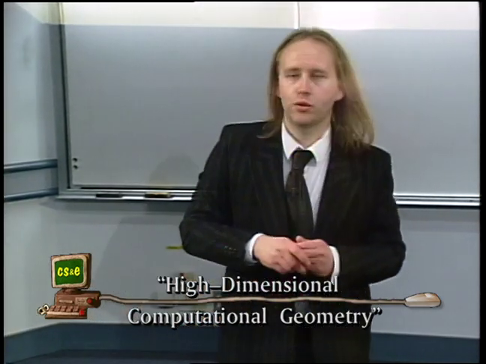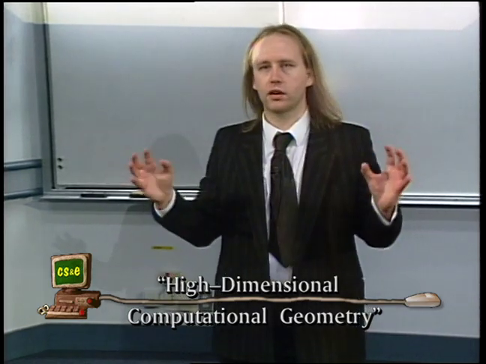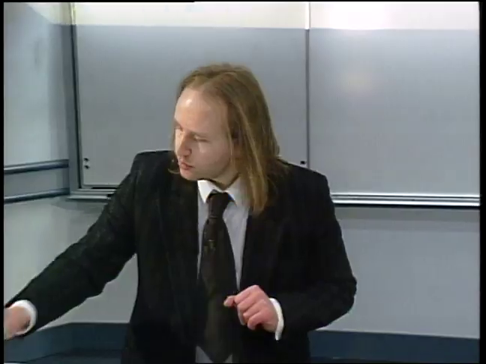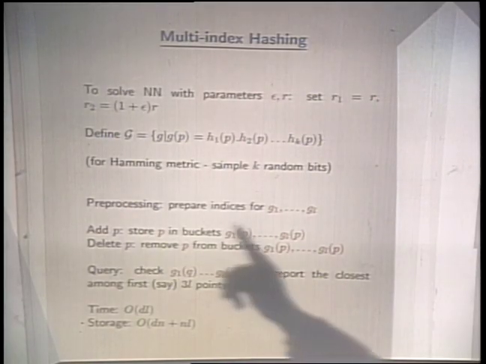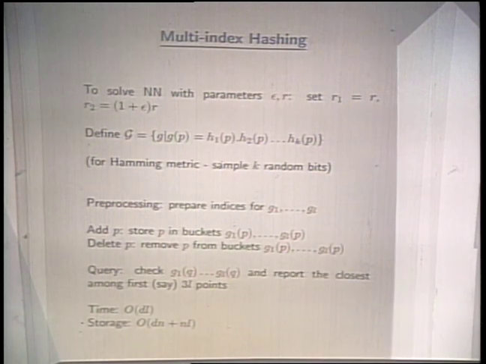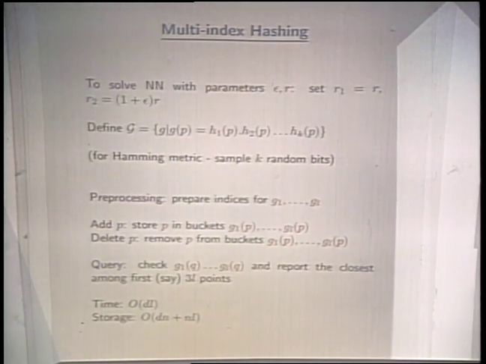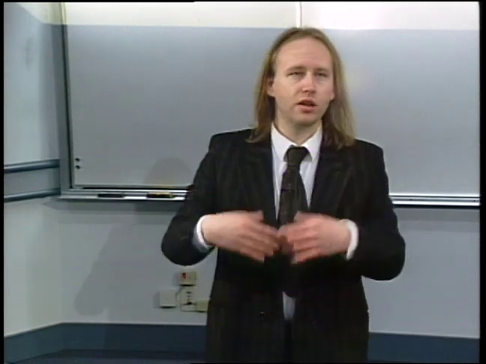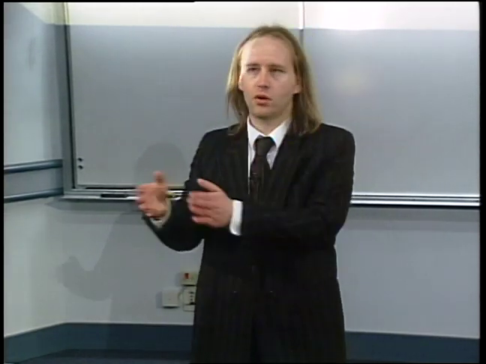Now, once we have these hash functions g, everything else is very simple. During the preprocessing, at the beginning, we prepare an index for each of those functions. If we want to add a new point, we just add this point to all of the indices, to the proper buckets defined by these functions g. When we want to delete a point, we just delete it from all the buckets.